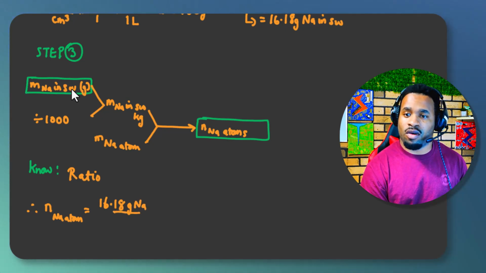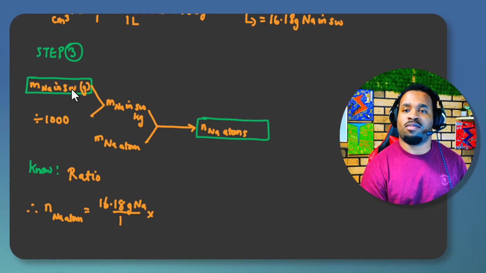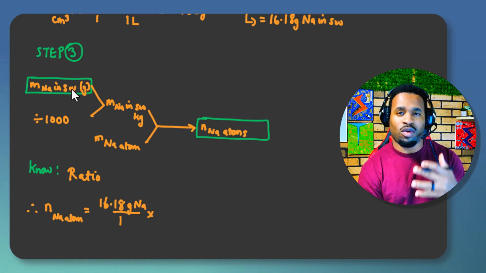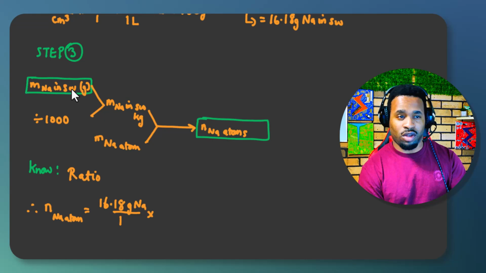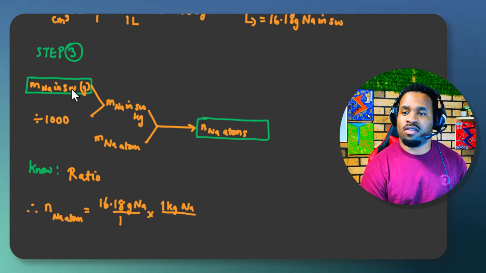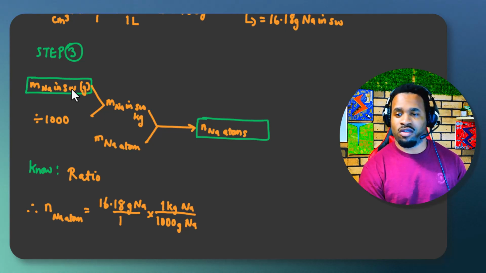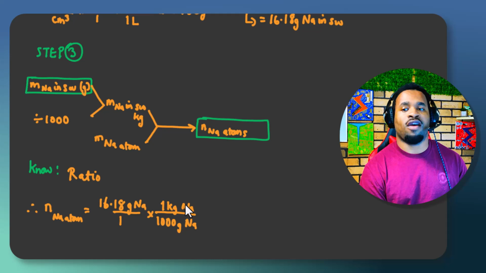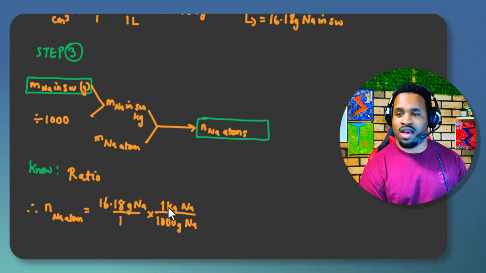And this here over 1 is multiplied by the unit equivalence of grams to kilograms. So for 1 kilogram of sodium, this is equal to 1,000 grams of sodium. And so we're able to convert in this step from grams to kilograms. That is the purpose of this.